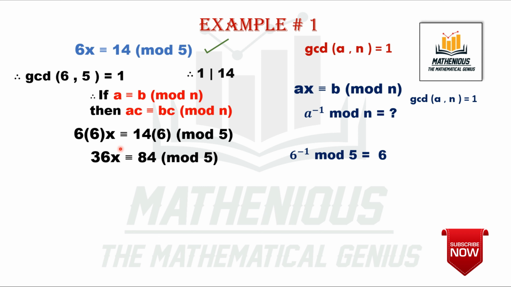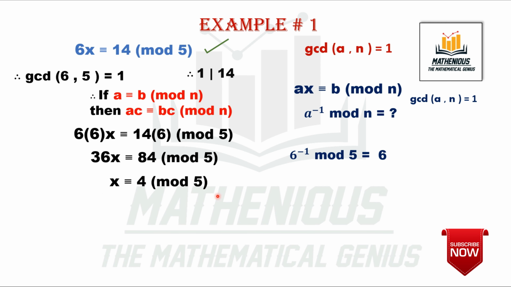We make it 36 because now, if we take 36 mod 5, we get 1. In the next step, 36x mod 5 is equal to 1x. We follow this procedure just to make x alone; a inverse mod n is calculated to make x alone. So now x is congruent to 4 mod 5, as 4 is less than 5, so 4 mod 5 is equal to 4.